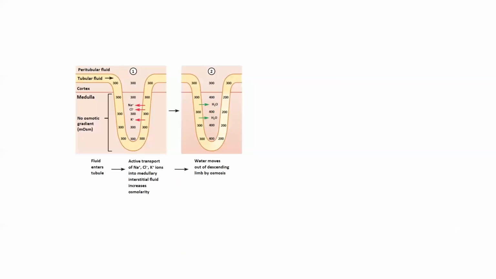We have a salty situation with the interstitial fluid in the medulla. So water's like, hey, we want to go to where there's more salt, right? From low solute to high solute, or high water to low water. Okay, and again, that's passive. Let's continue on. So we have that movement of salts to start, and then water moves to follow, a sort of reflexive process because of that gradient that was set up.